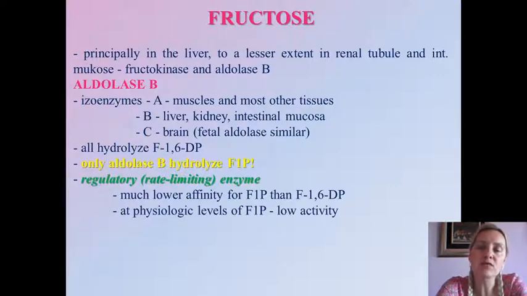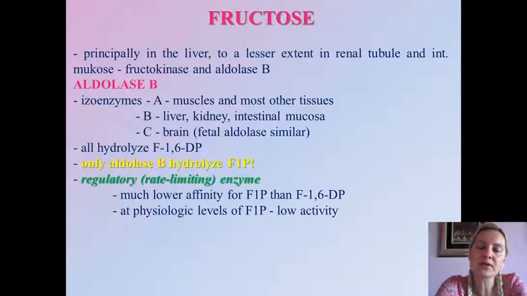All of those isoforms of aldolase are capable of hydrolyzing fructose 1,6-bisphosphate, as we learned normally in the glycolytic pathway. But the specificity of aldolase B is that it can hydrolyze fructose 1-phosphate as well. Speaking of that, aldolase B is actually the regulatory or rate limiting enzyme of this pathway.